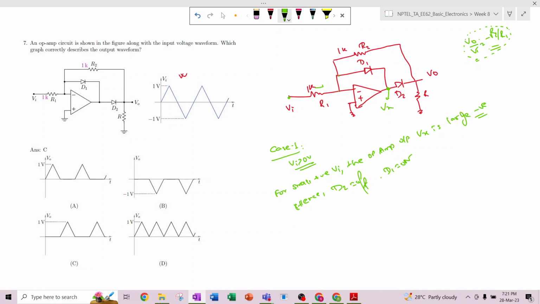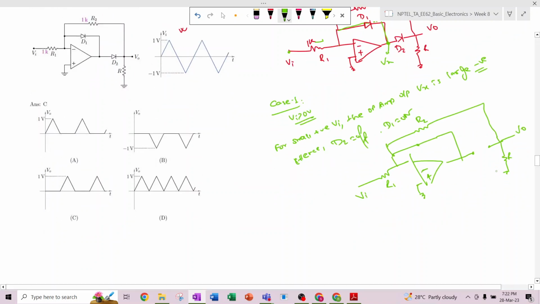So this D1 will be on, that means it is a short circuited path, and D2 will be off. So the equivalent circuit becomes, this is the R1, this is negative, this is positive, so this is Vi, it becomes short circuit, it is on, but here it is off. And here we have R2 and this is V0.